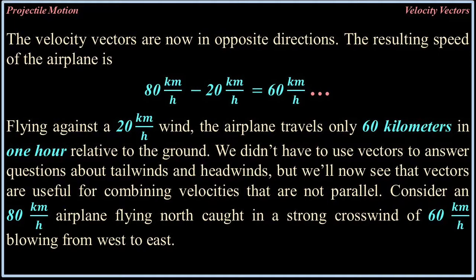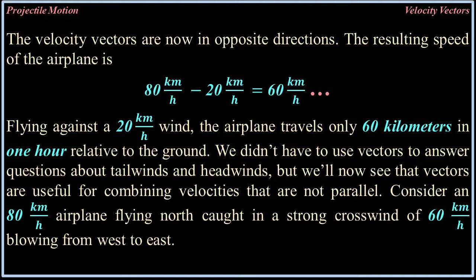Flying against a 20 kilometer per hour wind, the airplane travels only 60 kilometers in 1 hour relative to the ground. We didn't have to use vectors to answer questions about tailwinds and headwinds, but we'll now see that vectors are useful for combining velocities that are not parallel.